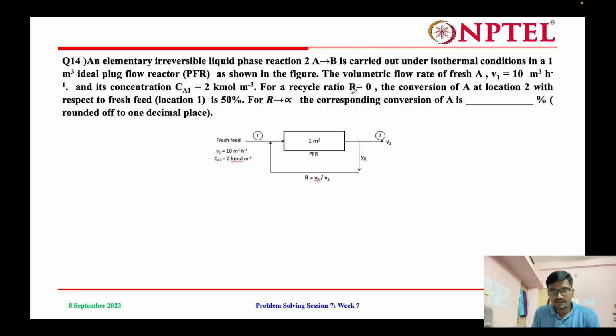So here, for R equal to 0, the conversion is given. For R tending to infinity, what will the conversion be? That we have to calculate. For R equal to 0, it is a PFR. R is the recycle ratio.